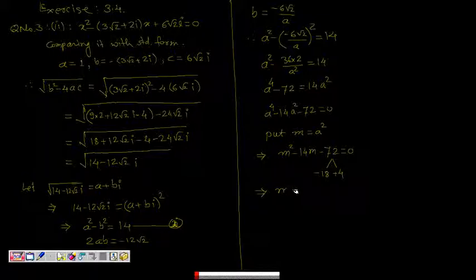Therefore it is (m minus 18)(m plus 4) is equal to 0.